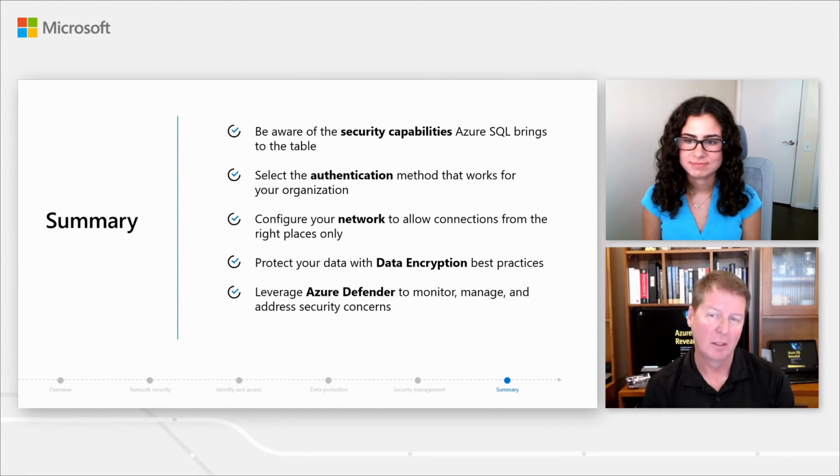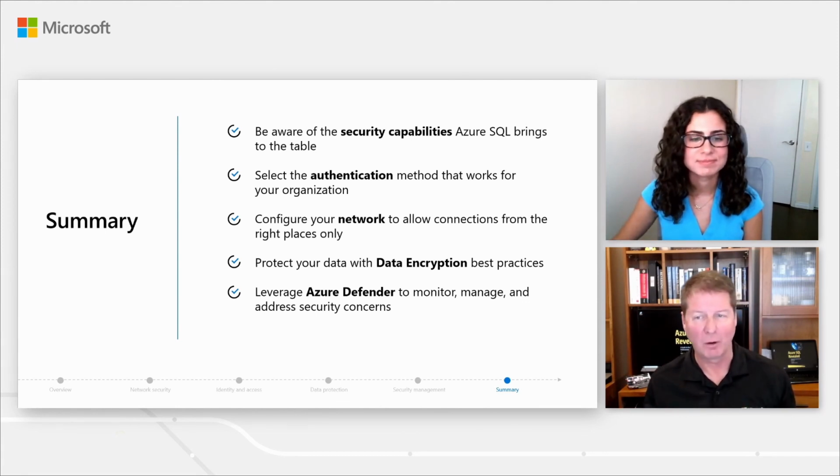It's very powerful. Anna showed you how to configure your network, but notice the recommendation: configure your network to allow connections from the right places. Work with your networking team, based on those diagrams Anna showed you, to get that network connection the right way for your organization. Then use our data encryption best practices. We have a security playbook in our documentation. It talks about how to set up TDE, how to use TLS, and how to use things like Always Encrypted.